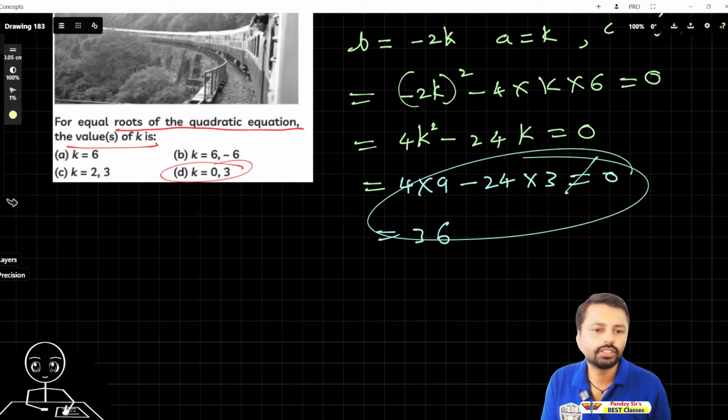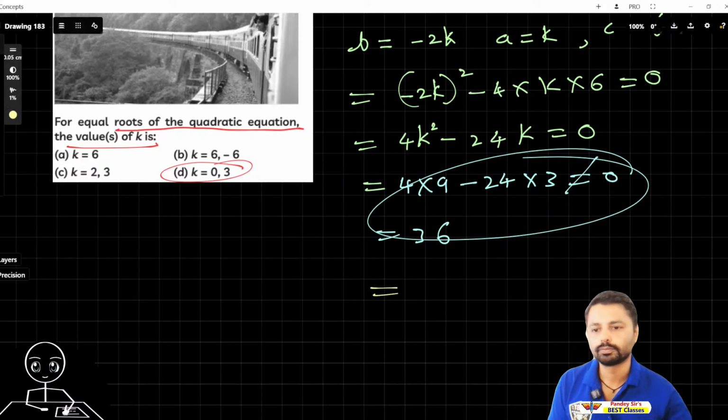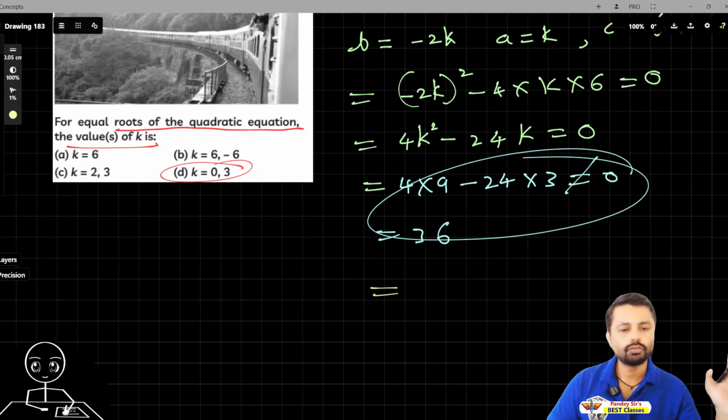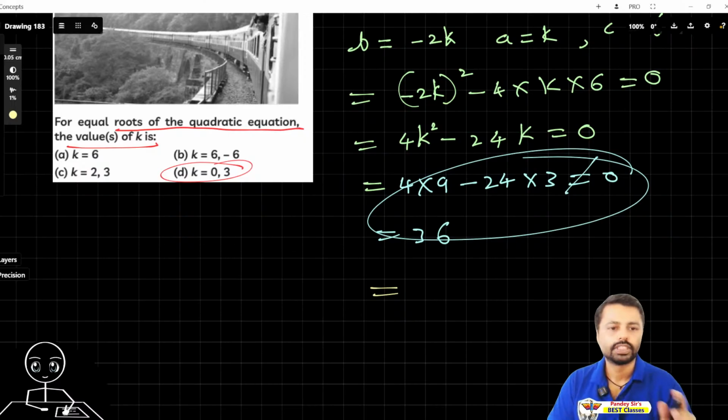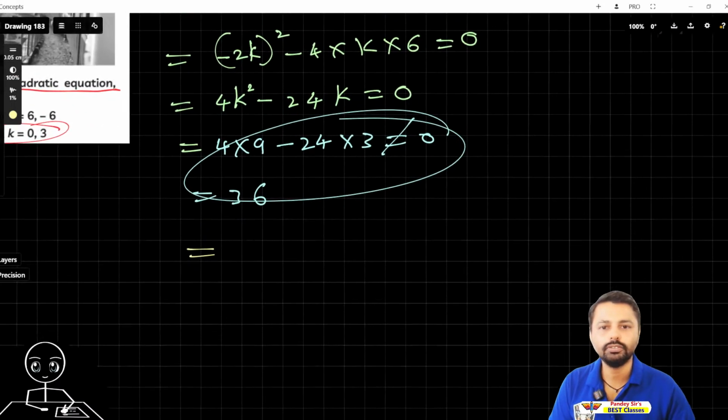So let's do those values. You guess for once what value you should put. Let's put this value 6. Before putting this value 6, I'll just write down this question.